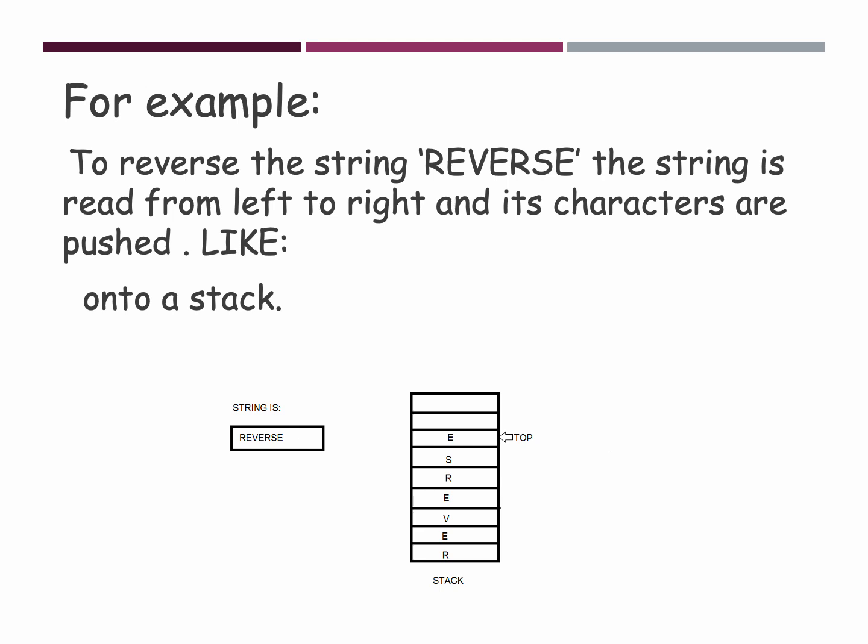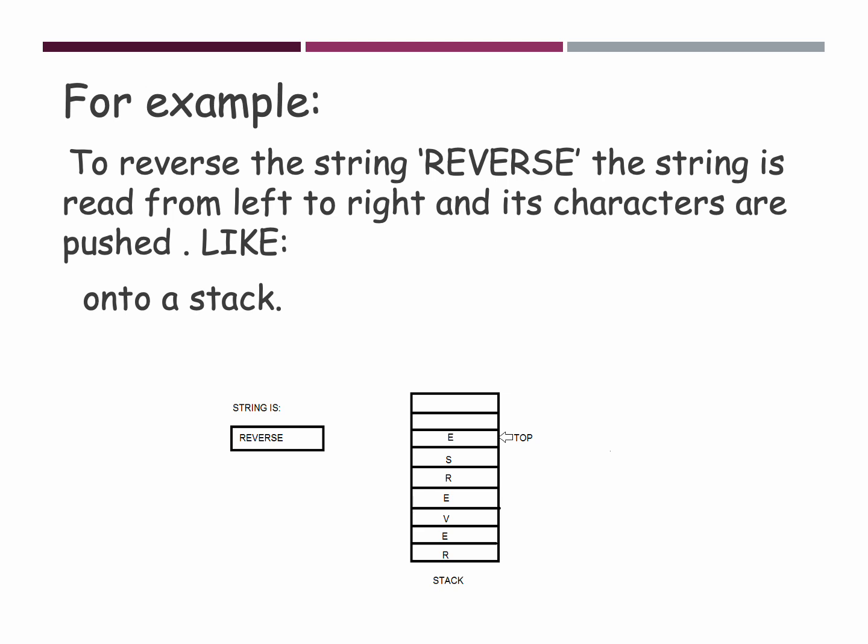This means R is pushed first, followed by E, V, E, R, S, and then finally E at the top. The diagram on the slide shows how each character is pushed onto the stack. So after pushing all characters, the stack contains the letters of REVERSE in the order they were pushed, with the last character E at the top.